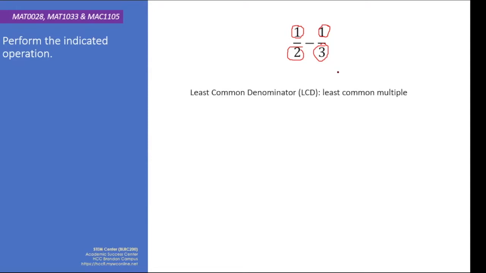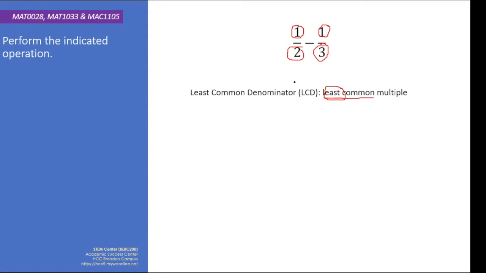So in the case of two fractions with different denominators, we look for something that we call the LCD, and it's the least common multiple of the two denominators. What does that mean? Well, least common doesn't mean rarest. It means the lowest value multiple that both denominators have in common.